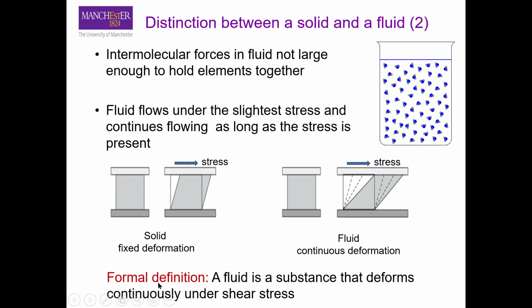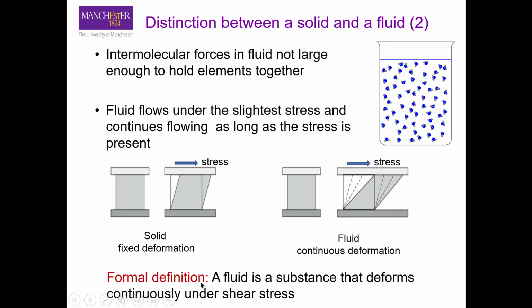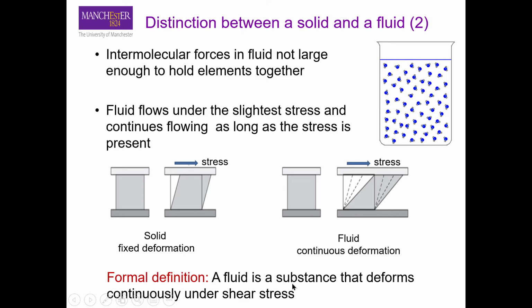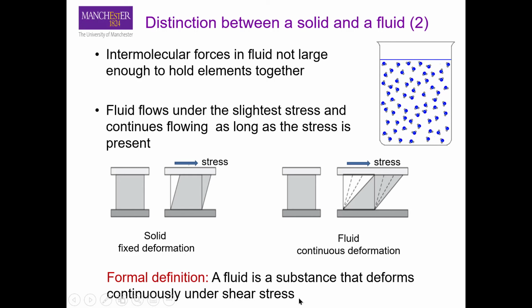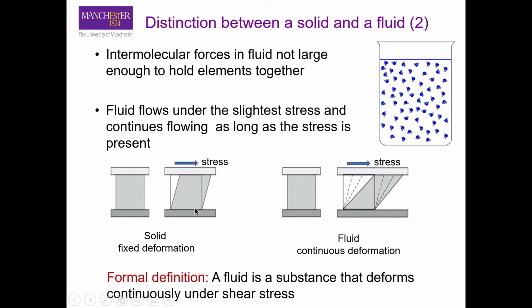Based on this, we can define a fluid as a substance that deforms continuously under shear stress, in contrast to a solid that does not deform continuously under shear stress.